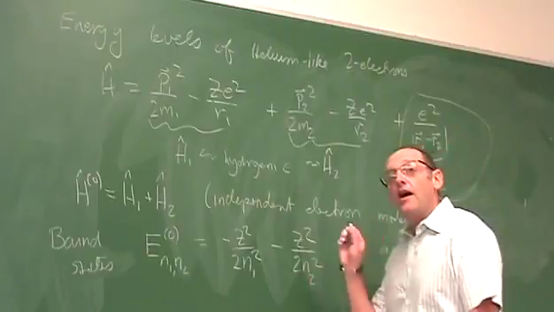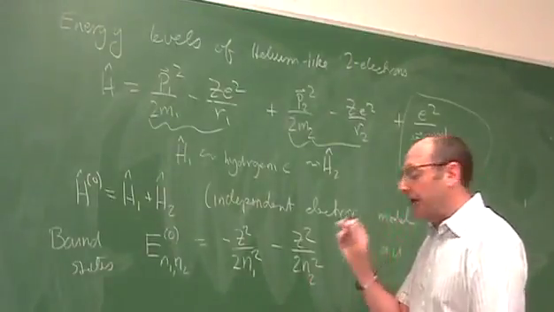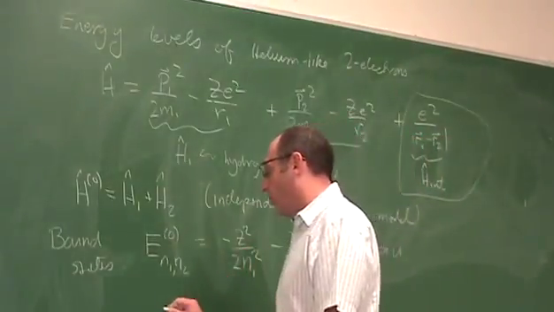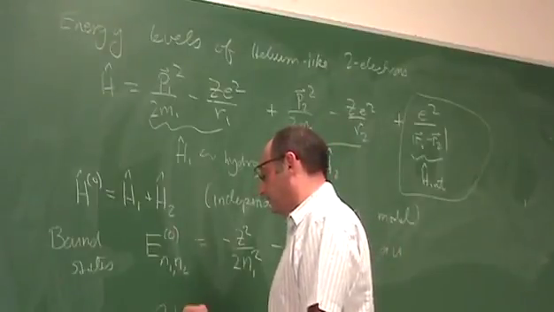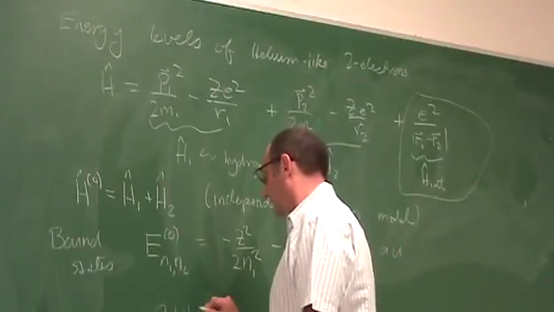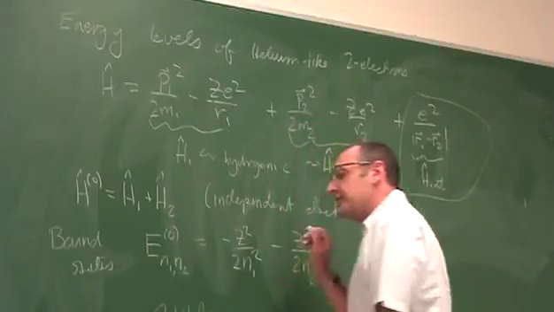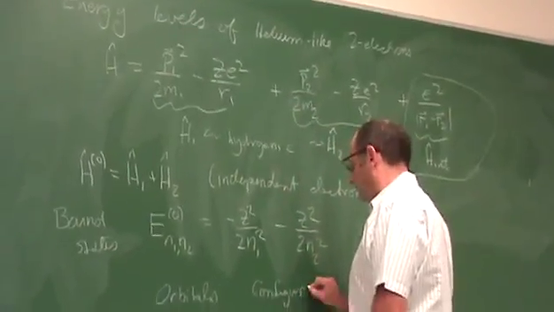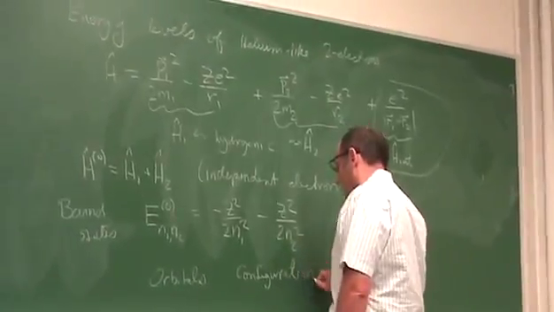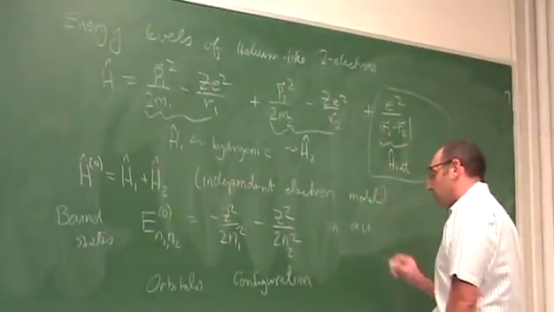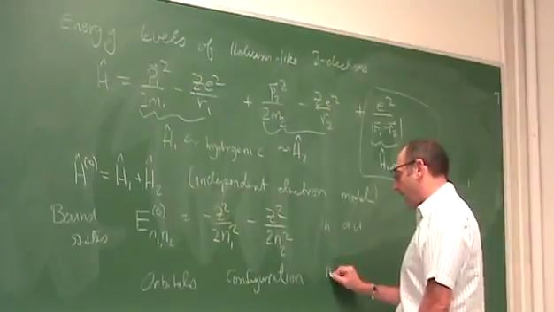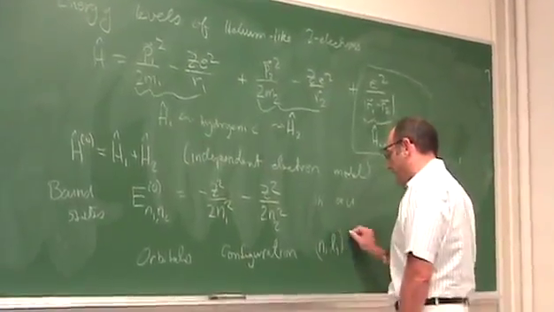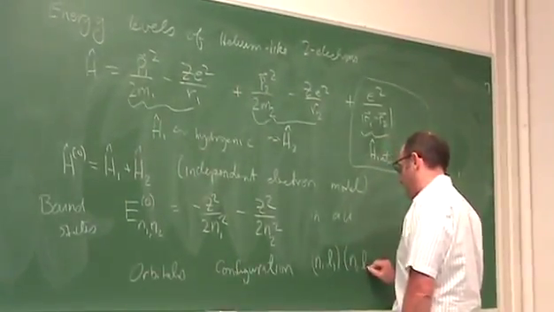Of course, we think about, in this case, the orbitals. We would generally write this as a configuration with an orbital n1, L1, and another orbital n2, L2.